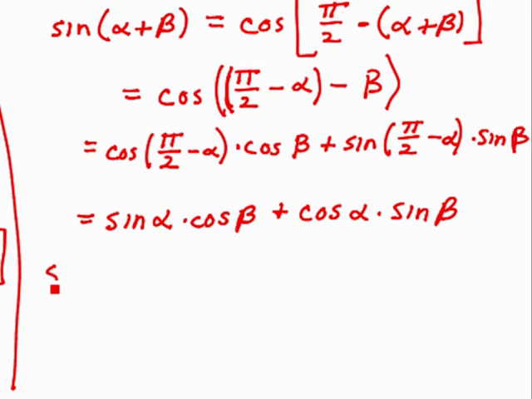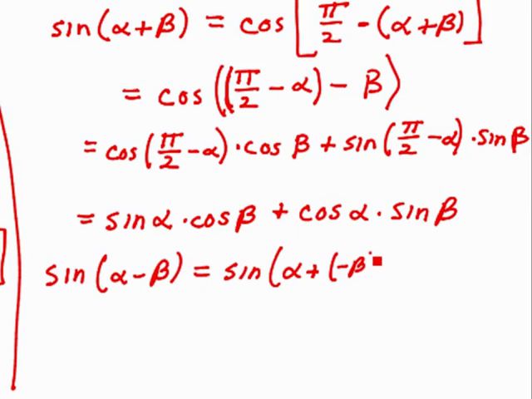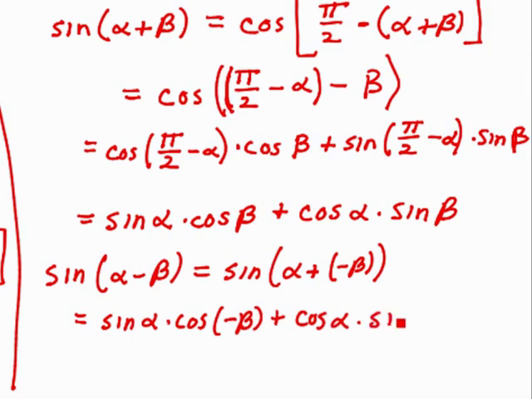And by the way, if we want the sine of alpha minus beta, what I would do is write that as the sine of alpha plus negative beta. And that's going to be the sine of the first times the cosine of the second plus the cosine of the first times the sine of the second.